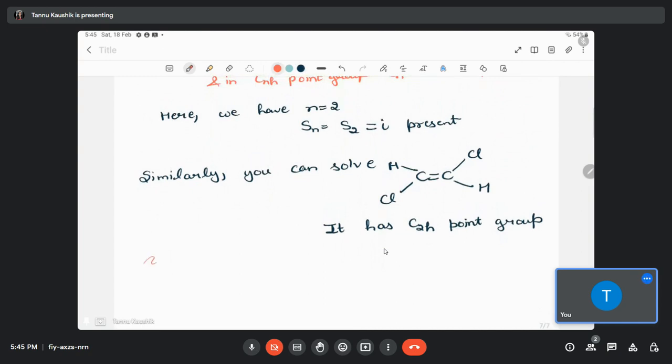Now we will check the application. This molecule is non-polar because we have both proper axis of rotation and horizontal plane in this molecule.